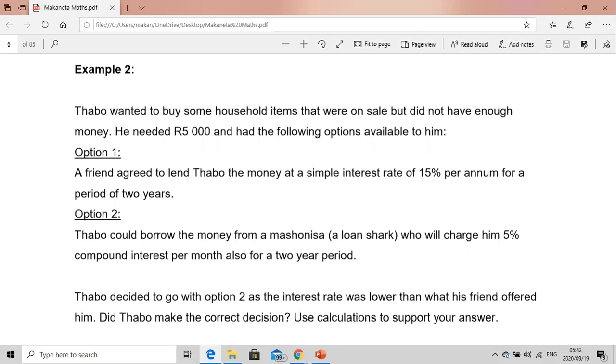But then again, you can borrow 5,000 rands, in this case, where the money will be charged 5% compound interest, also for a period of 2 years. Let's look at the two amounts so that we check what the accrued value will be of 5,000 rands at a simple interest rate and thereafter at a compound interest rate.